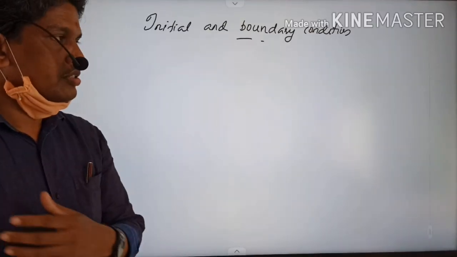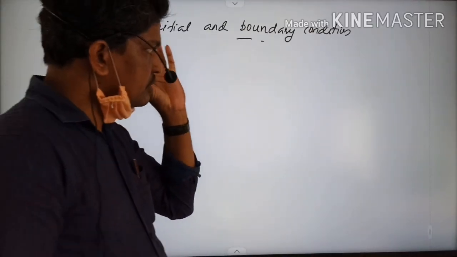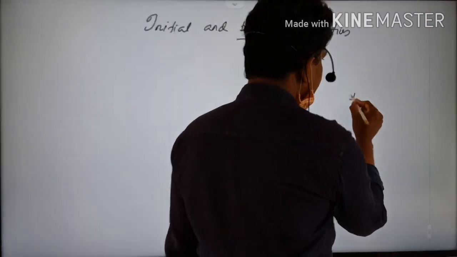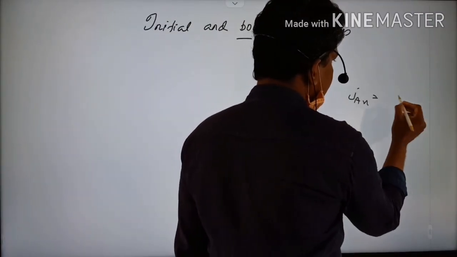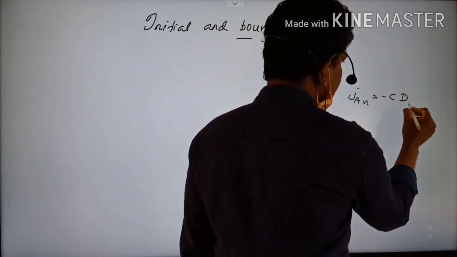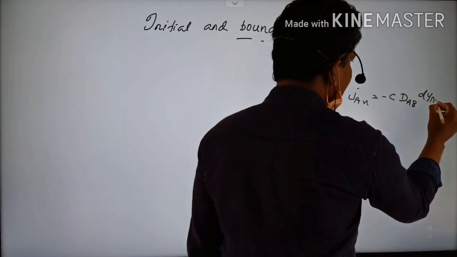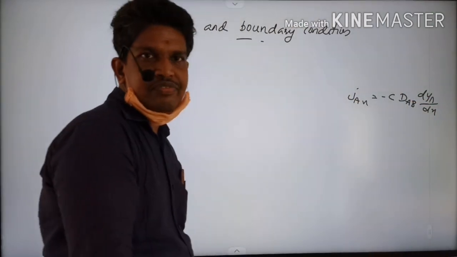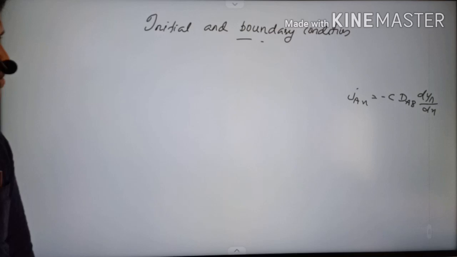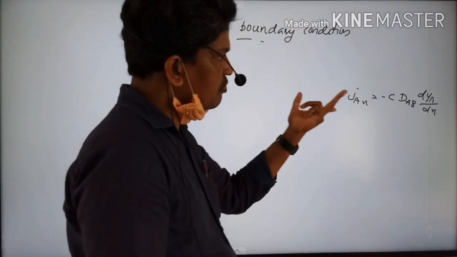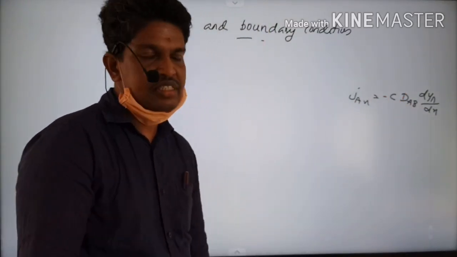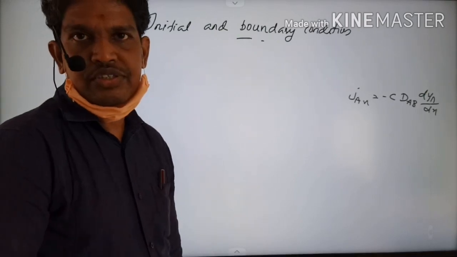Okay. So we have the equation that is Jx is equal to minus c DAB into dyA by dx. It's a differential equation. So for finding out the mass fraction or mole fraction or the concentration, we have to integrate this equation.